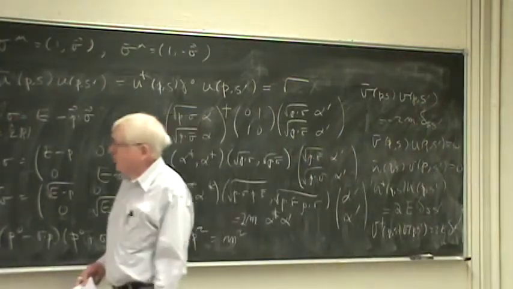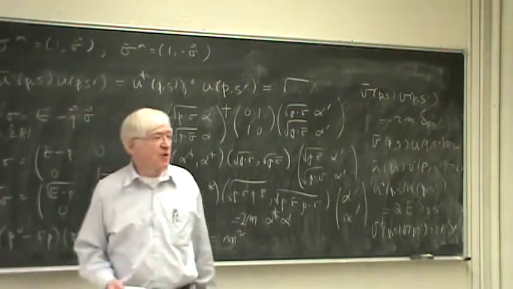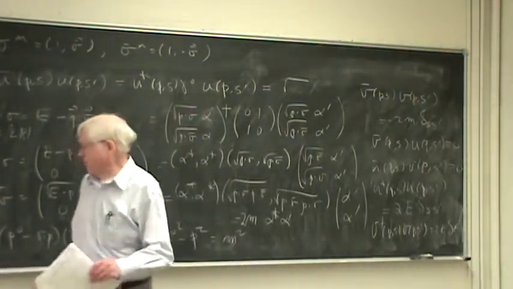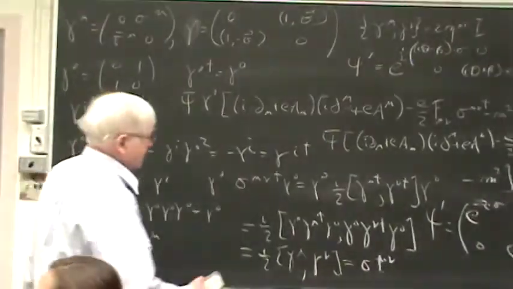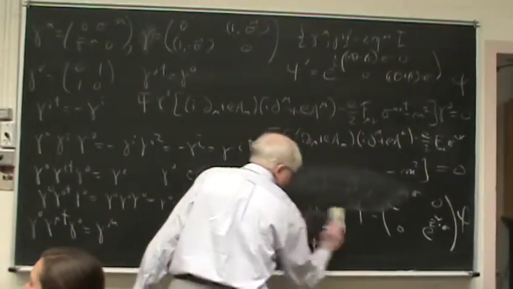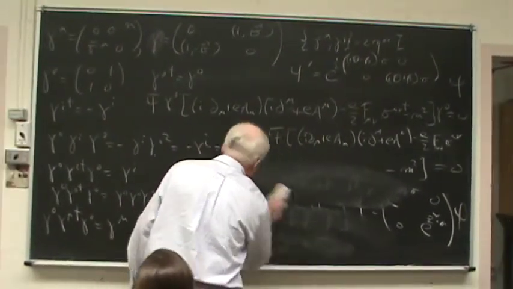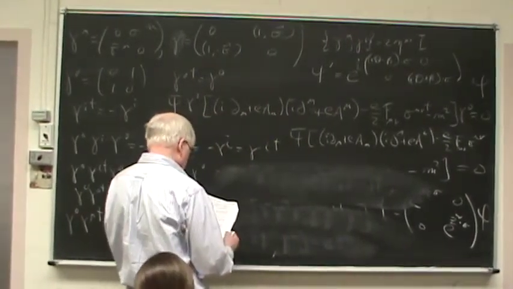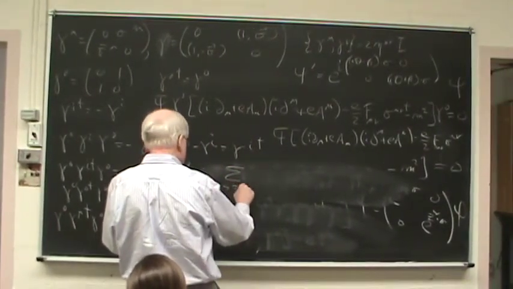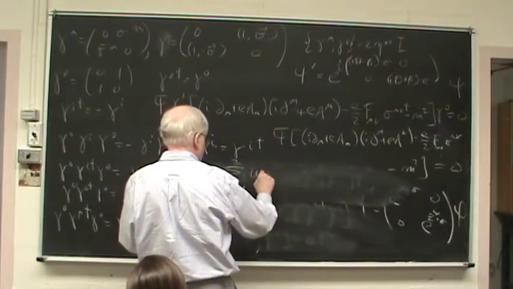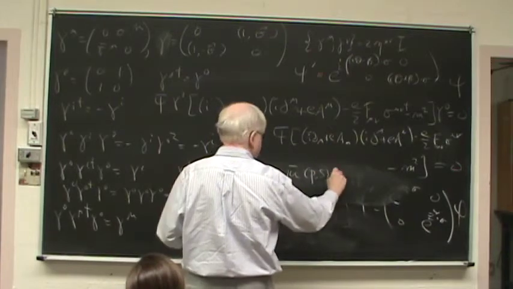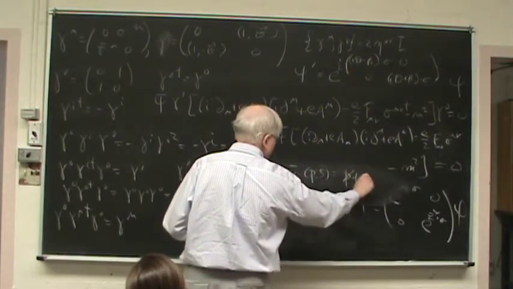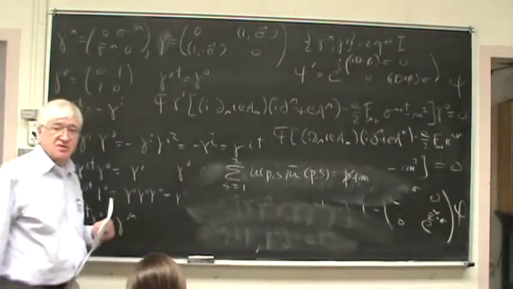Okay, we're almost out of time. Maybe I have time for one more relation. I think I will write these two relations down because they're quite nice relations. And they're ones that are almost a little bit mystical. So a sum, S equals 1, 2, up and down, in other words, U of P and S, U bar of P and S is P slash plus M. Well, isn't that a cute expression?